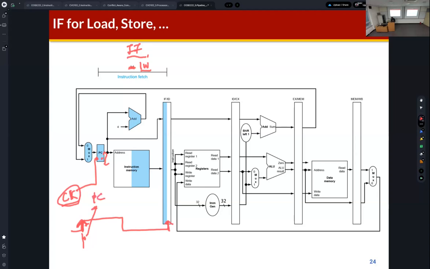The PC is connected to the address of the instruction memory, and you can also find the PC here and here. And this is 4, which means this is PC plus 4. The PC is given to the instruction memory, and then we can get instructions.